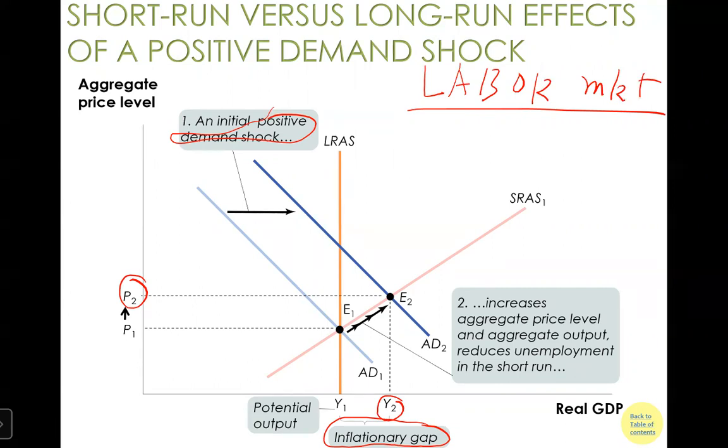First, let's identify what happens in the labor market. At this level of output, the labor market is very tight, which means we are hiring a lot. Furthermore, the unemployment rate is very low, because we are producing beyond our potential.